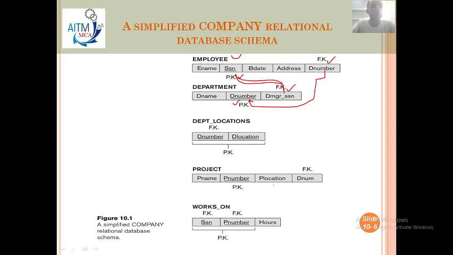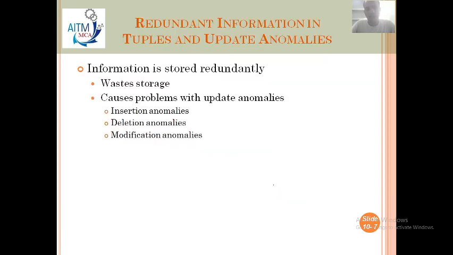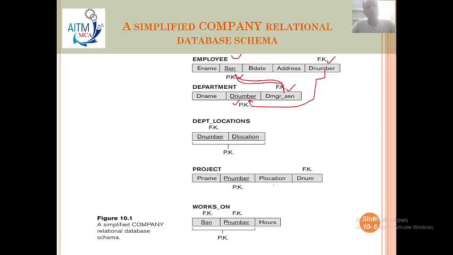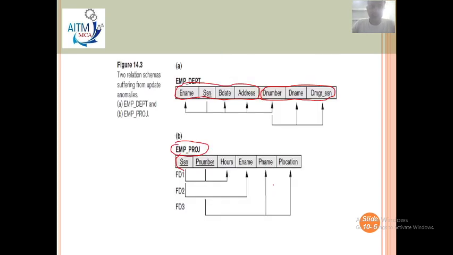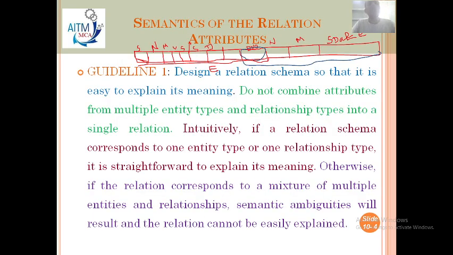Using those, you can link the relations, these schemas, to get more meaningful information. Got it? These are the examples of the semantics of the relation attributes. Is it clear now? First guideline.